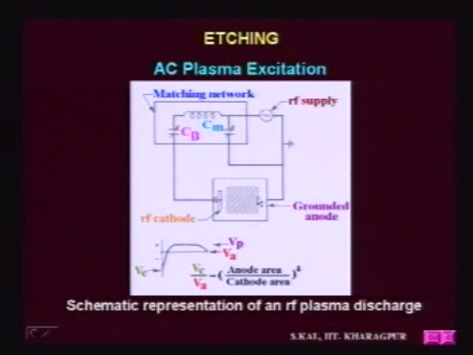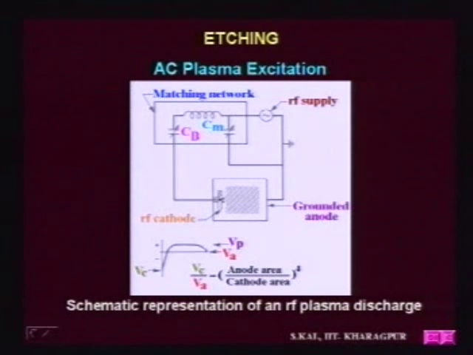All the electrons will accumulate near this electrode and form a negative space charge, and that will prevent further acceleration of electrons towards this cathode, because electrons are light and their mobility is high. So they will accelerate towards this electrode and form a cloud. And since the excitation electrons are not available there, there is no excitation, so a dark space, the cathode seed, will be created there.